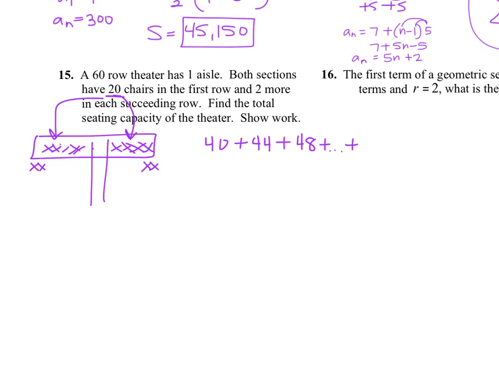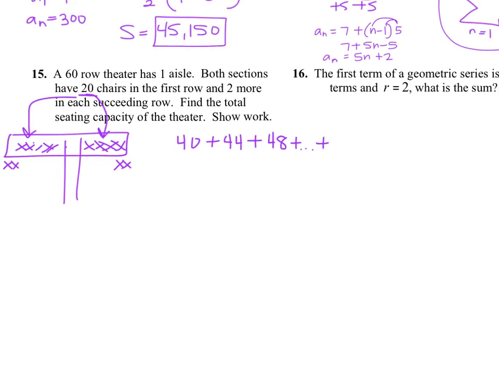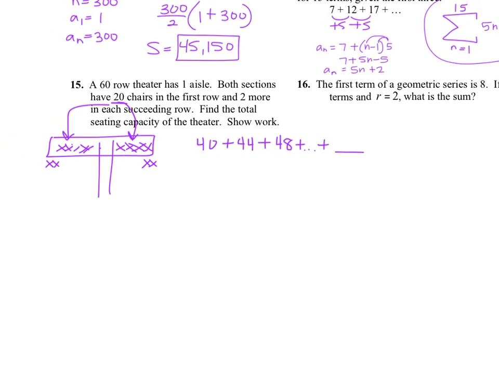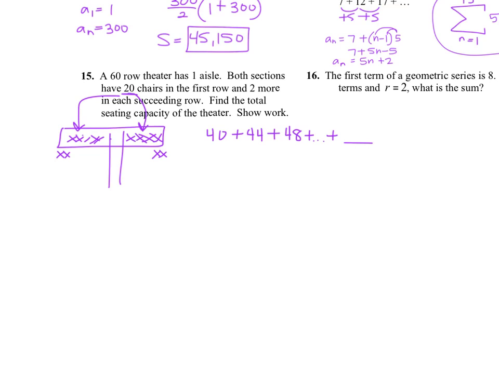And then we've got to get to the end of this. So if you look at the setup here, it says that it's a 60-row theater. So if it's a 60-row theater, that's your n. That's the number of terms that you're going to have for the 60 rows. So we know all of this information.